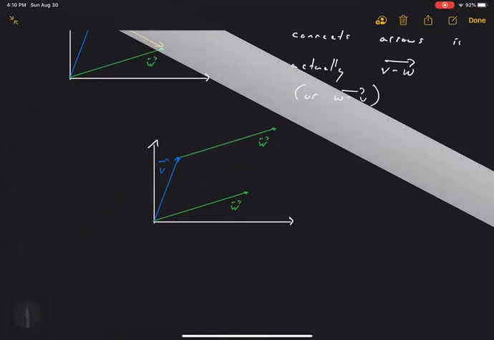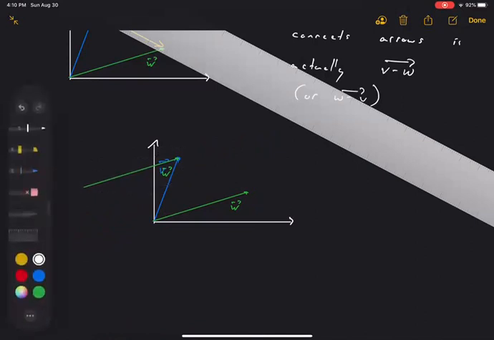V minus w is the same thing, except you could think of it as putting the tip of w at the tip of v. And then the vector v minus w, I would draw from here to the origin. That would give me my v minus w.